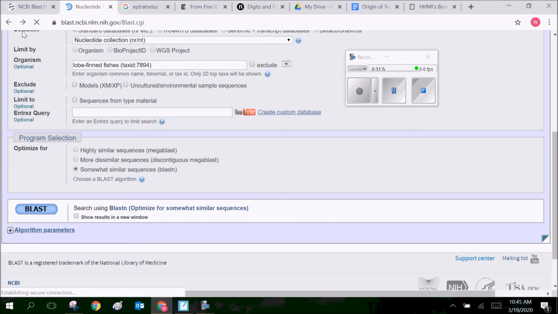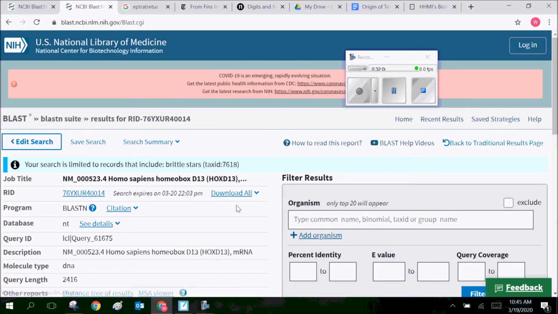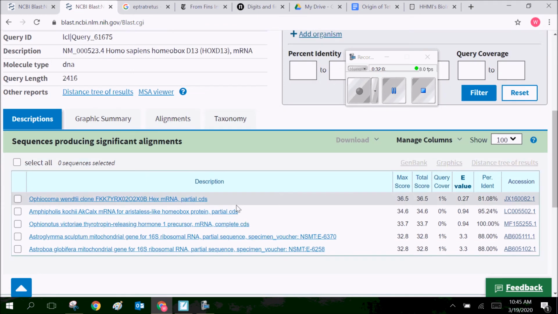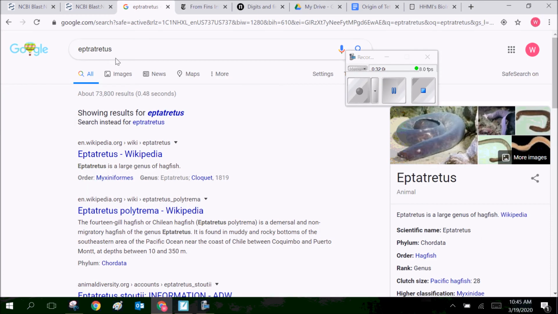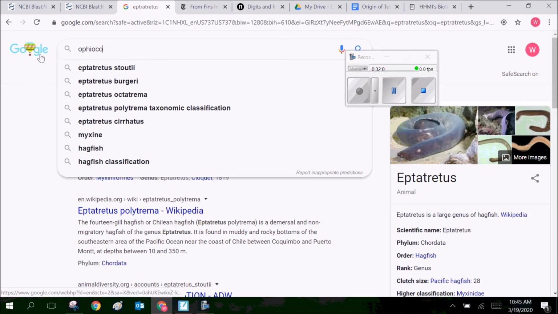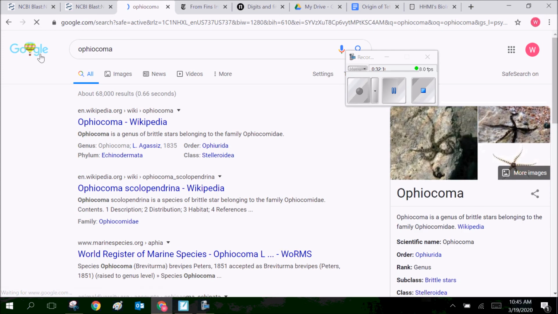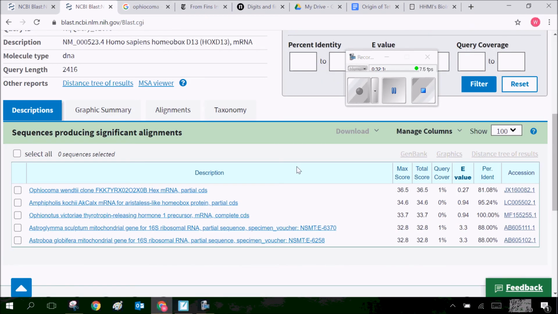And then I think I did an outlier. So Ophiocoma, I think these are brittle stars. Yeah, these are starfish. So believe it or not, in terms of phyla, Echinodermata, which are the starfish, are actually the closest to Chordata, which is our phylum, and vertebrates are part of Chordata.